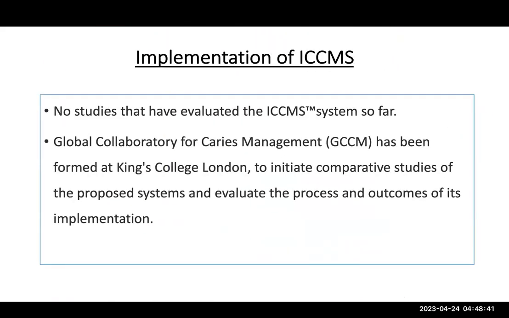As of now, no studies have evaluated the ICCMS system in a complete manner. We have done one in our department, but we removed some of the criteria to make it more practical. The publication is still pending for that. Once it comes out, I'll be in a better position to explain it to you.